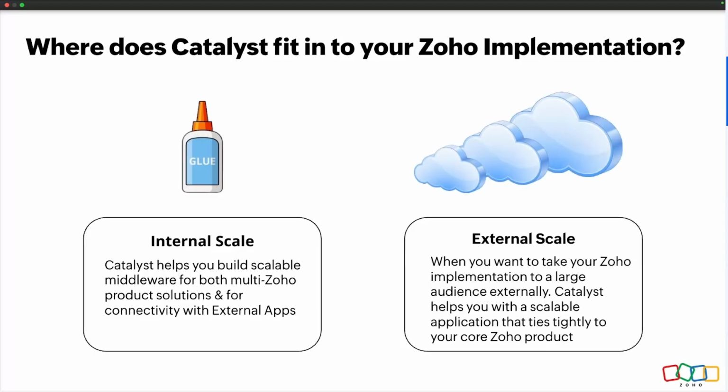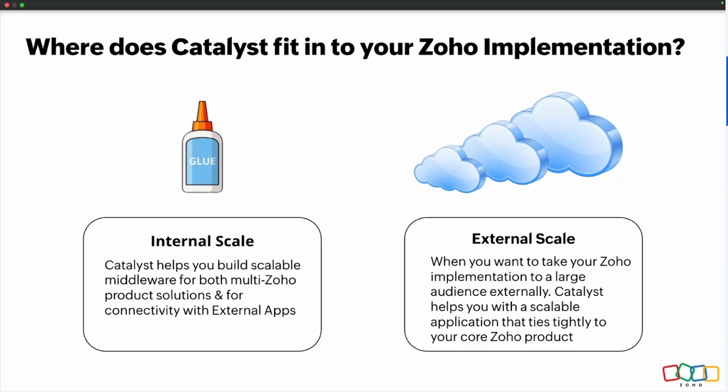Catalyst is also great when you want to take your Zoho implementation that you have done to a larger audience externally. So no matter what you build, Catalyst helps you with a scalable application or a microservice that ties tightly to your core Zoho product implementation.